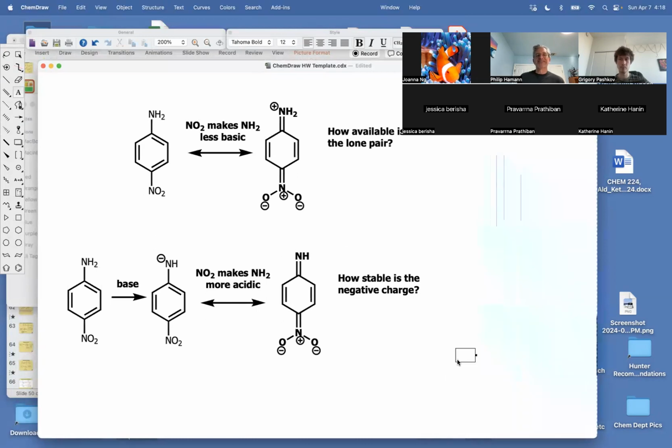The top, if you want to know about basicity, you want to know how available the lone pair is, and the answer is the nitro group is reducing it. At the bottom, you want to know how acidic it is. So you make the anion, and you show that the NO2 makes, I should reword that. There we go. That keeps the thoughts clear. The nitro group is making the negative charge more stable. I think I liked it better the other way.